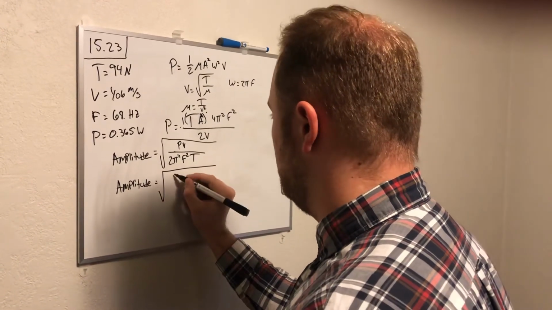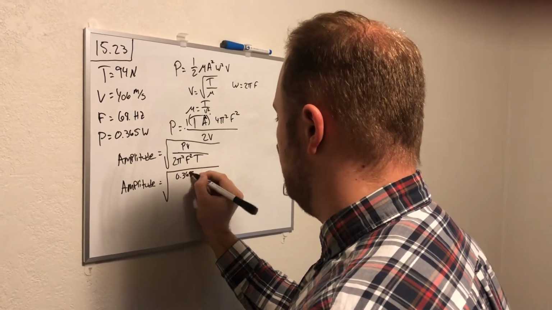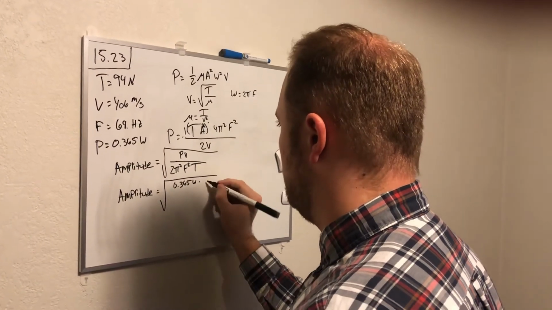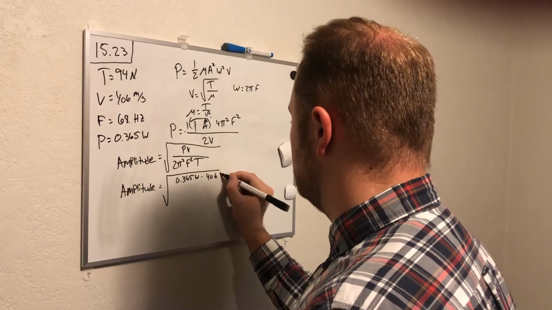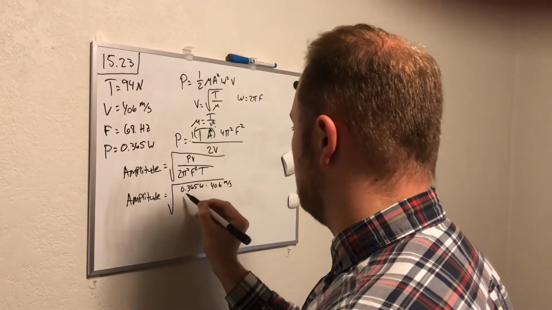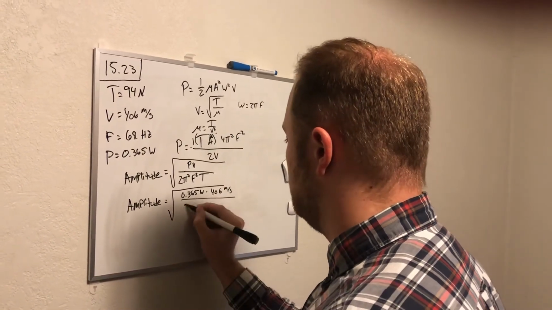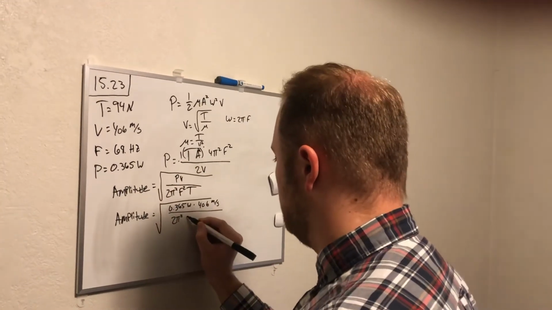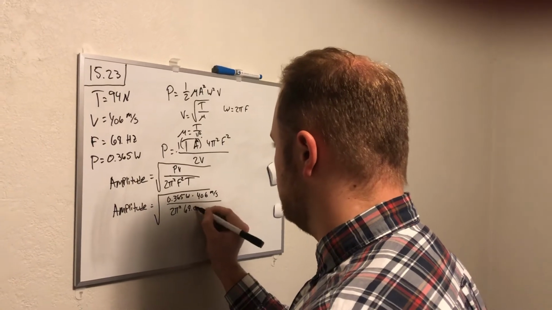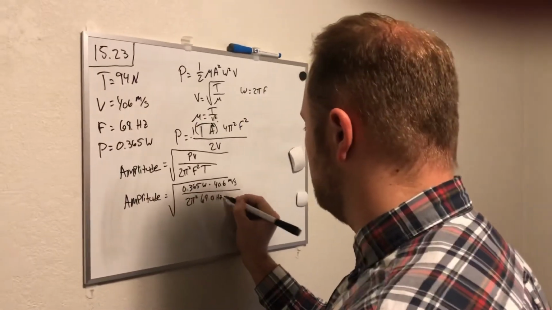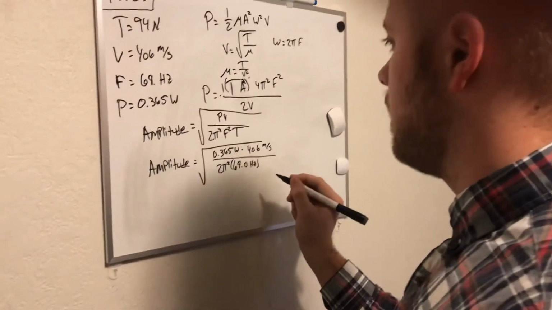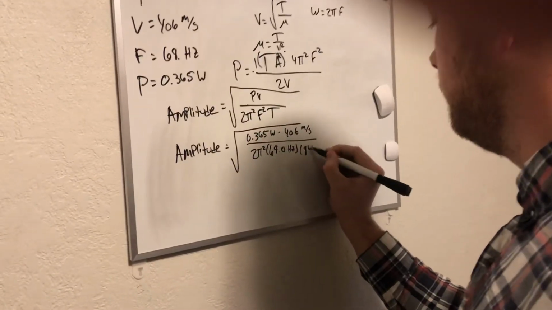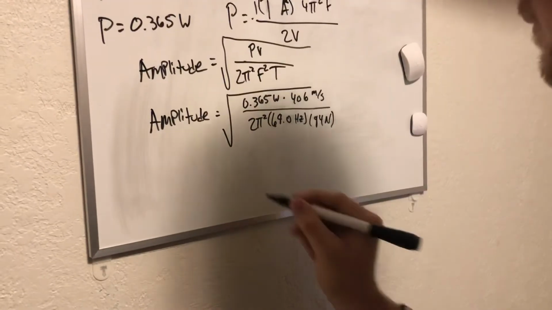We have 0.365 watts times our velocity, 406 meters per second, over 2 pi squared, frequency 69.0 hertz, and then times our tension force, which is 94 newtons.